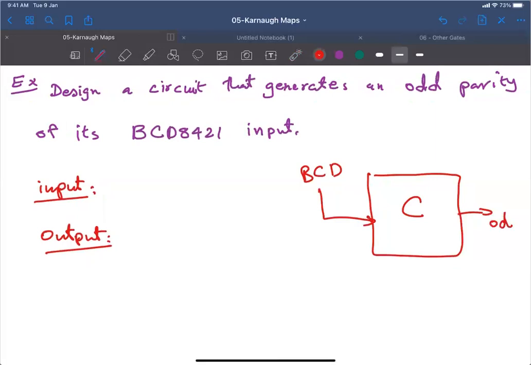Let me just emphasize it: an odd parity. Of what? Of the input BCD. Do you guys still remember what an odd parity is?